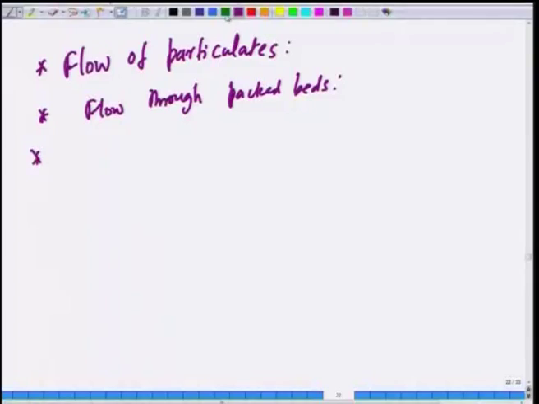Then we discussed fluidization, that is, when you have a bed of particles, we keep on increasing the flow rate. Initially the pressure drop will increase, but after a point when the drag force on the particles overcomes the weight of the bed, then the whole bed will be suspended and these particles will start moving, they will not be stationary anymore, and that state is called a fluidized state, which is often used in many chemical engineering reactors, fluidized bed catalyst reactors, fluidized catalytic crackers and so on.